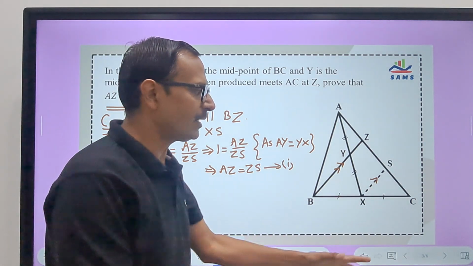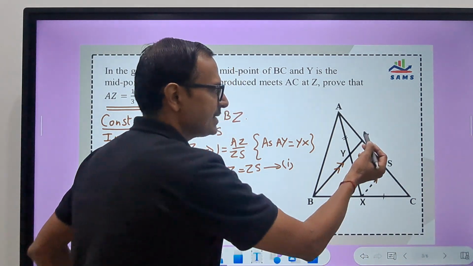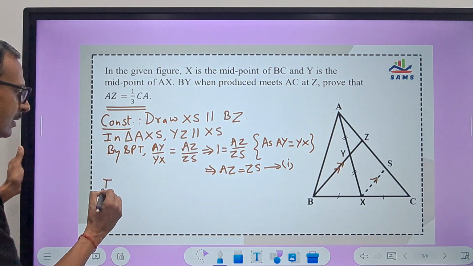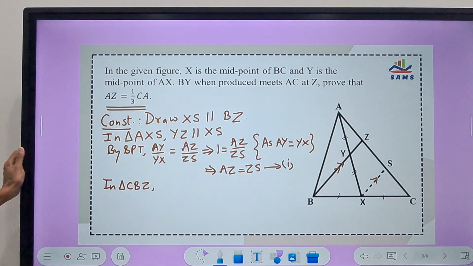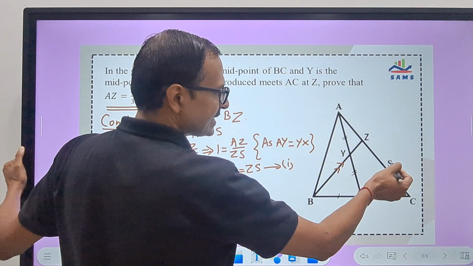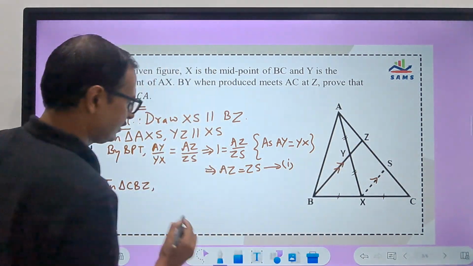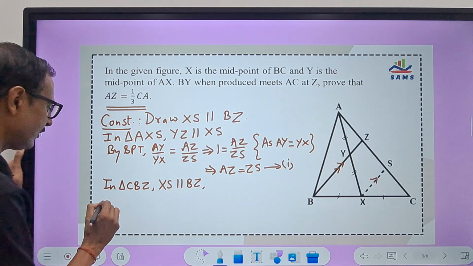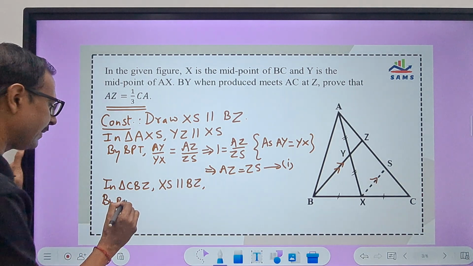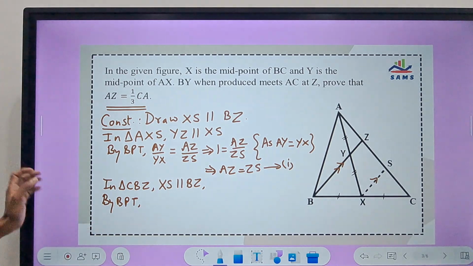Likewise, I will change the triangle now. In triangle CBZ, can you name the parallel lines? We have XS and BZ. XS parallel to BZ, and therefore by BPT again I can use the ratios.